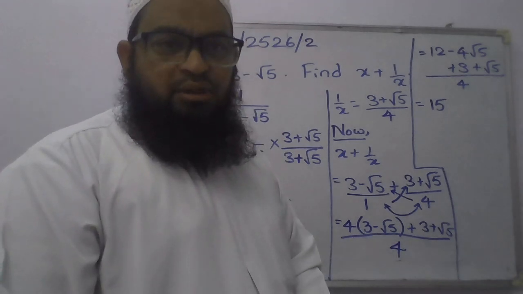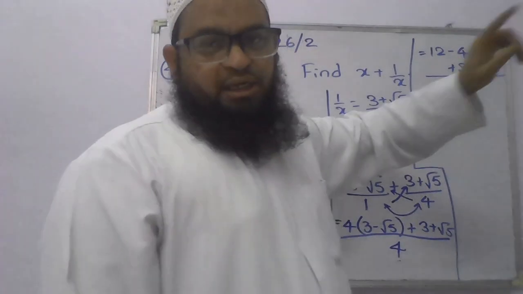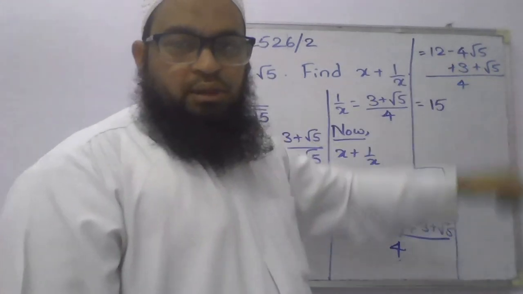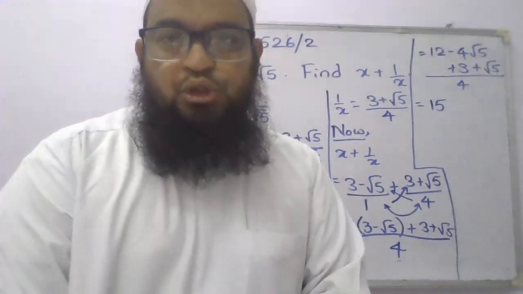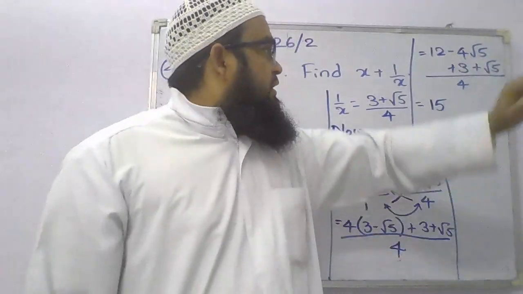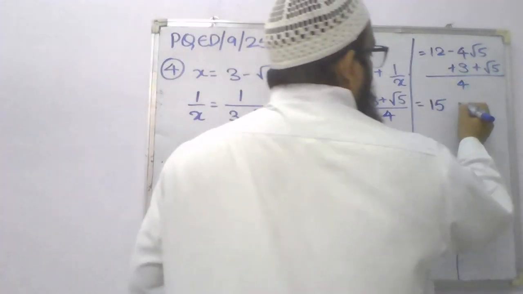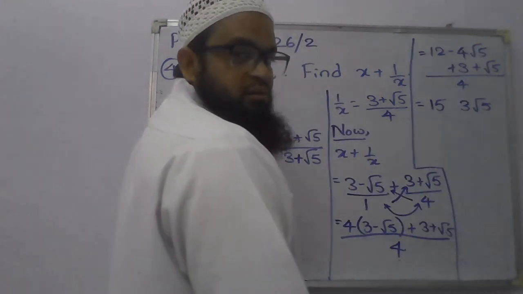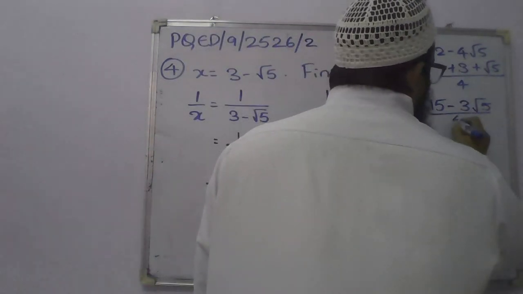Both are like terms. So one is negative and one is positive. Here root 5 means it is 1 root 5, right? So minus 4 plus 1. If you have one negative and one positive, what are we supposed to do? Subtract and keep the sign of the bigger number. So 4 minus 1 is 3. So let us write 3 root 5. But what is the sign of the bigger number? Minus. So therefore keep minus divided by 4.